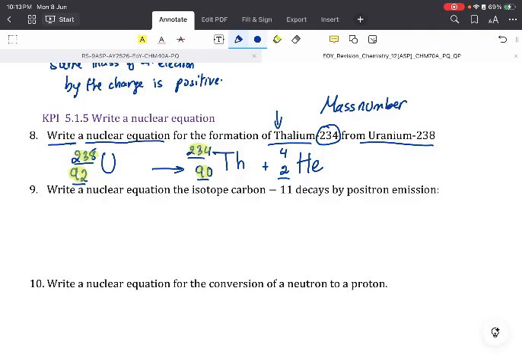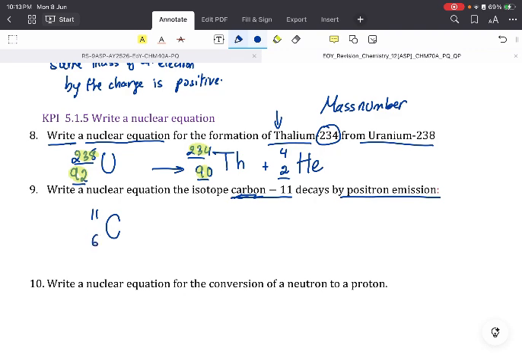Write a nuclear equation for the isotope carbon 11 decays by positron emission. So I have the carbon, which has a mass number of 11. Now I'm gonna go to the periodic table and get the atomic number of carbon, and that is 6.